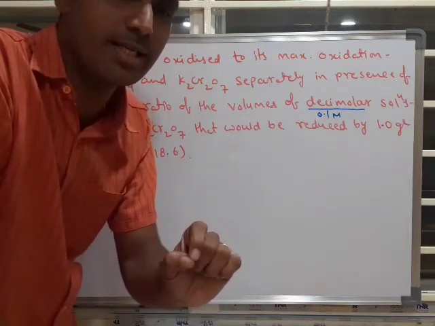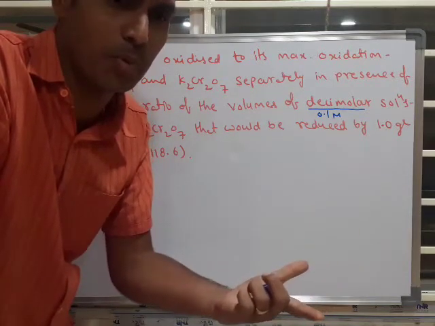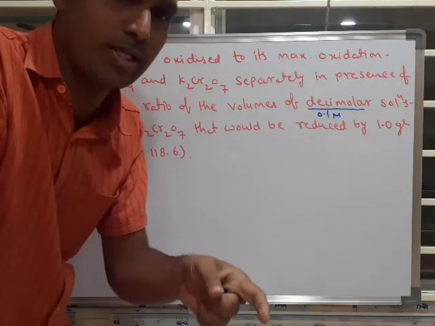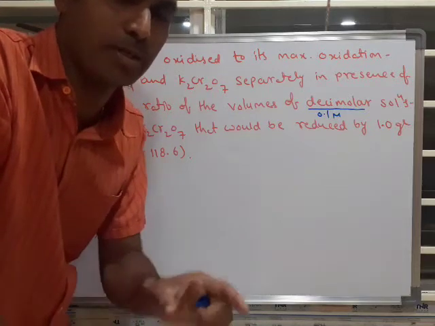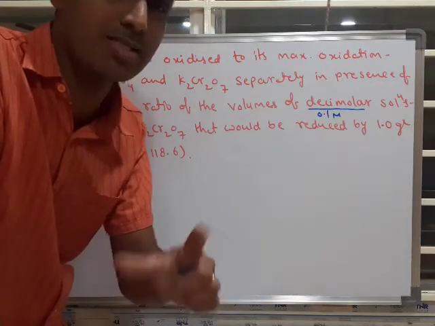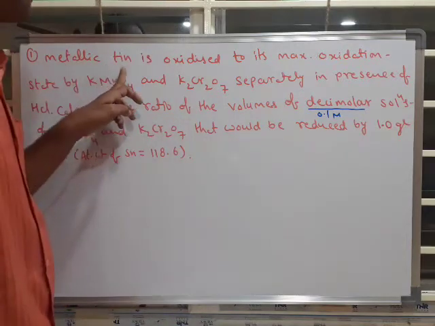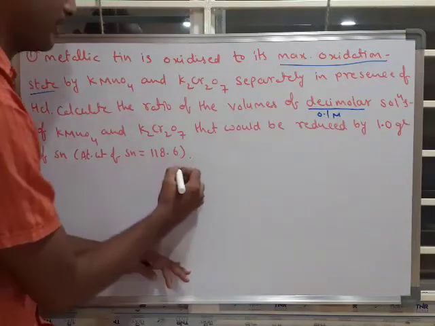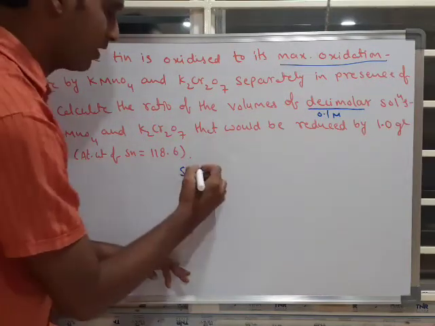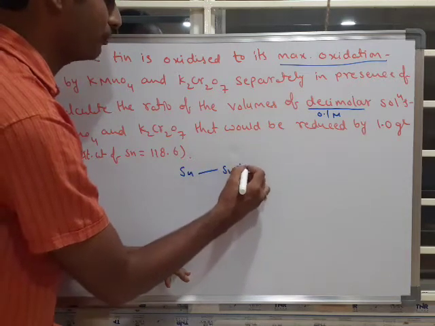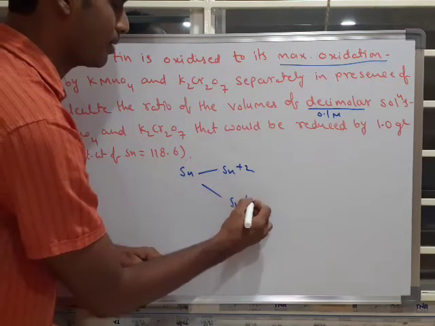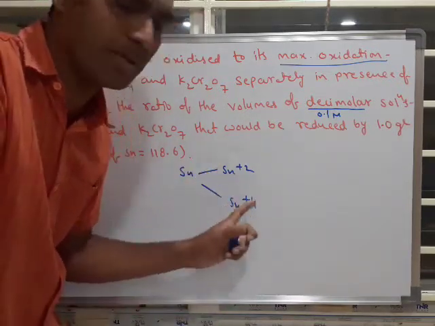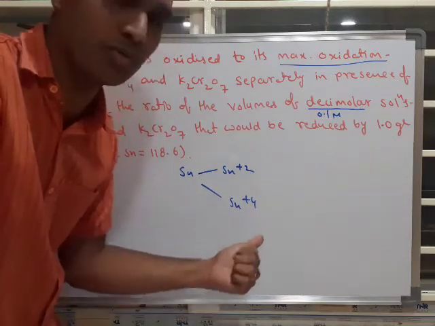Oxidizing agents oxidize other compounds. So in this problem, potassium permanganate and potassium dichromate both oxidize, separately, the metal tin into its maximum oxidation state. Tin has two possibilities: it can change into Sn plus 2, stannous, or Sn plus 4, stannic.